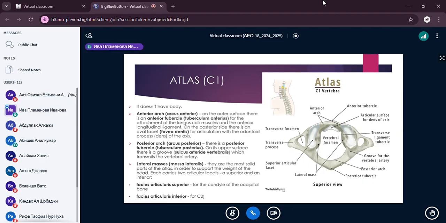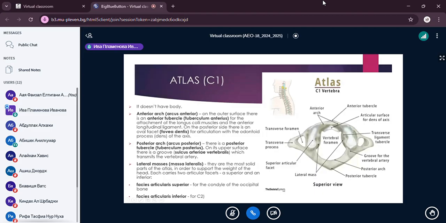What else? I told you we have posterior arch. On the outer surface, we have posterior tubercle. And here on the superior surface of this arch, we have a groove called sulcus arteriae vertebralis. Here we can find arteria vertebralis, the vertebral artery.